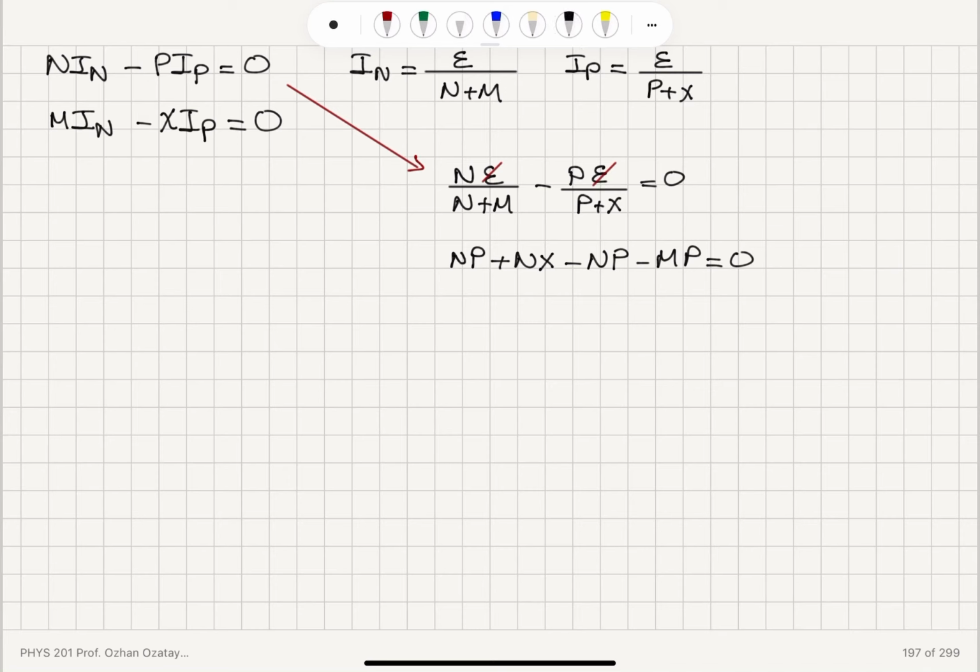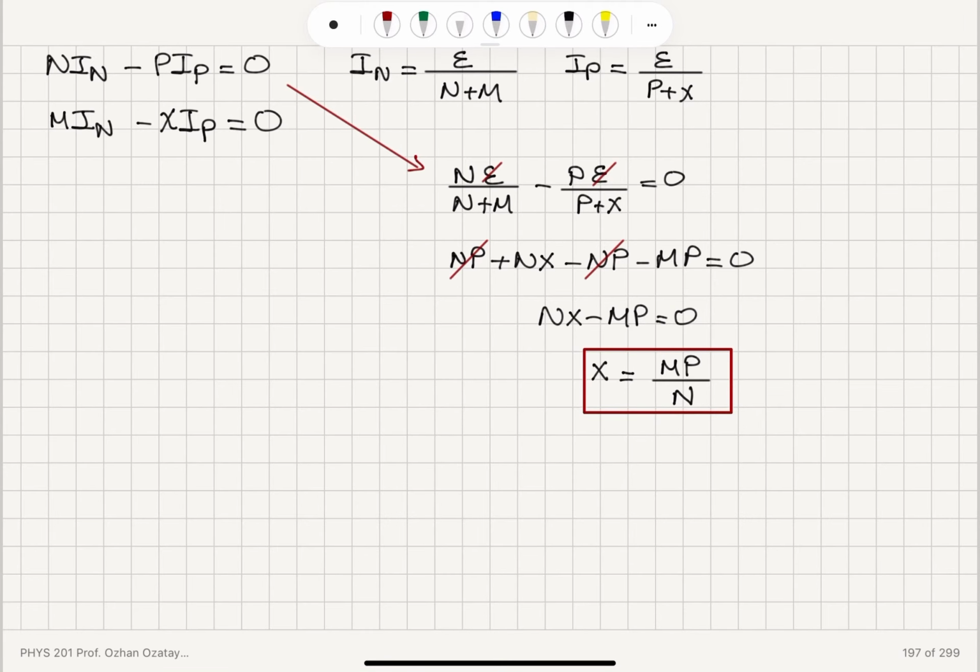So that's NP plus NX minus NP minus MP is equal to 0. Two NPs will cancel. So I will be left with NX minus MP is equal to 0, which will tell me that the unknown resistance X can be written as MP, the product of the resistances M and P divided by the resistance N.